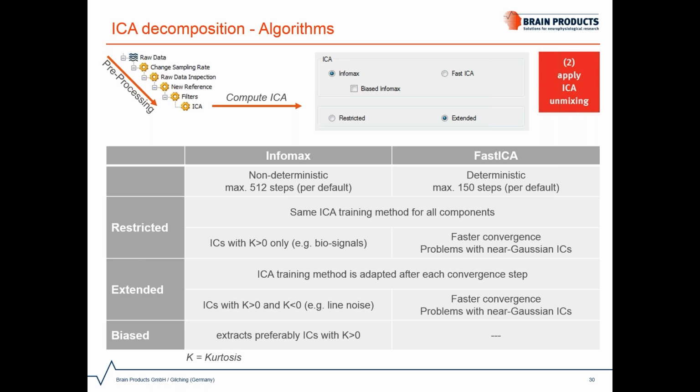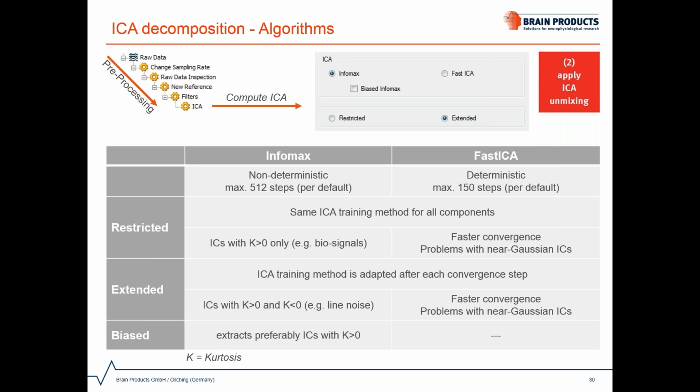So keep this in mind when you want to decompose your data in order to remove line noise, because we learned beforehand this has a negative kurtosis. So that would not work properly with the restricted Infomax. The last option is here the biased option, which you can combine with the Infomax options, not with the Fast ICA ones. This alters the method in a way that components with a positive kurtosis are preferred.